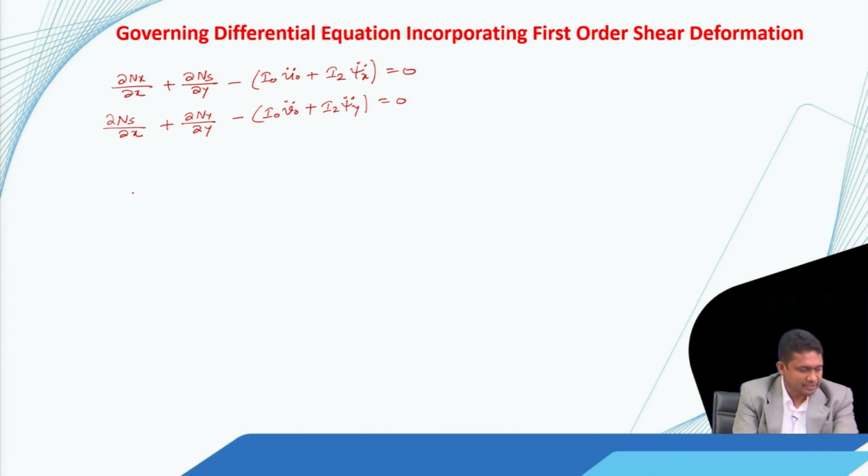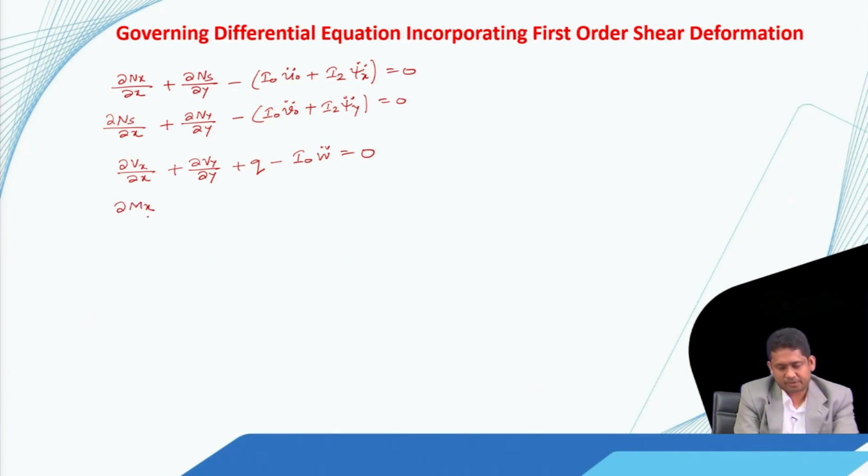Then the equation that we get by equilibrating the forces along z direction: del v x by del x plus del v y by del y plus q z minus I 0 w double dot equal to 0, same equation.